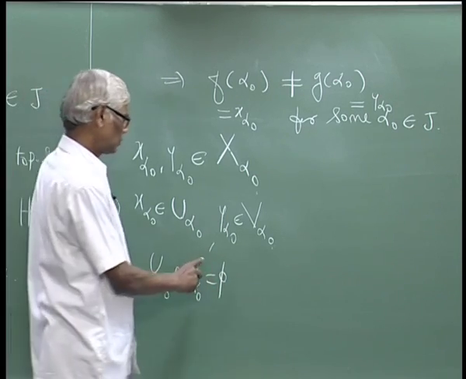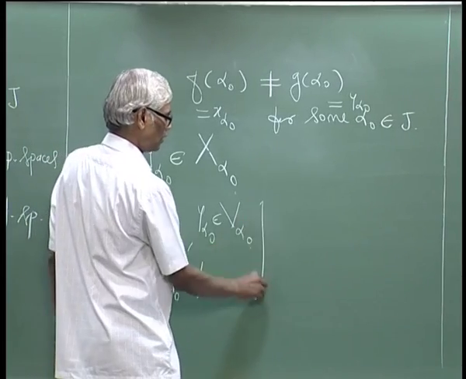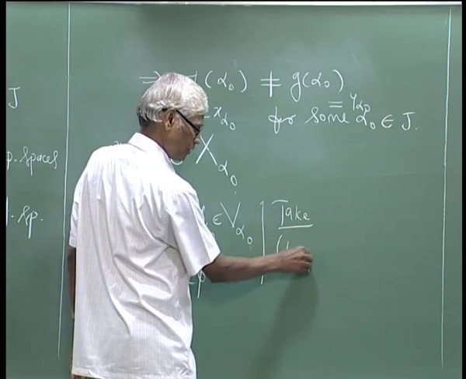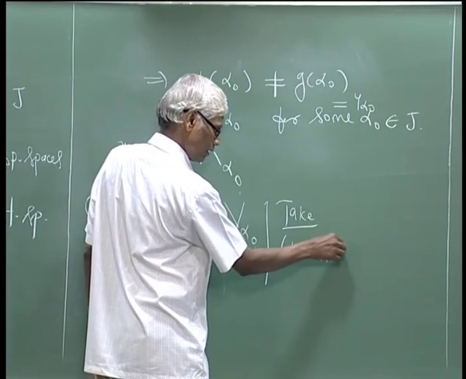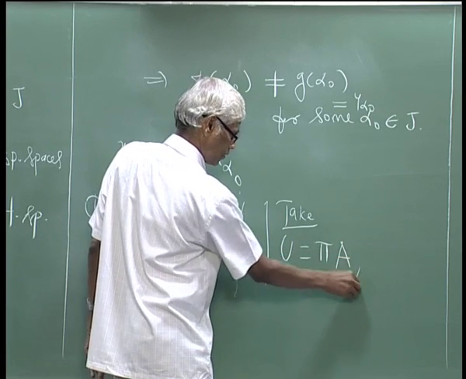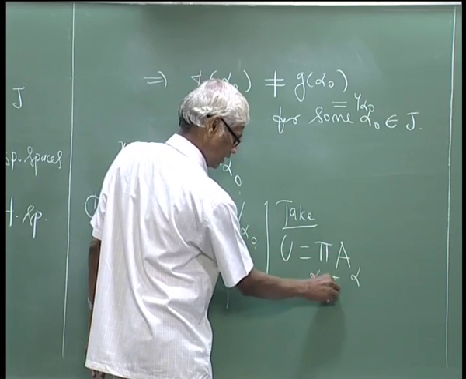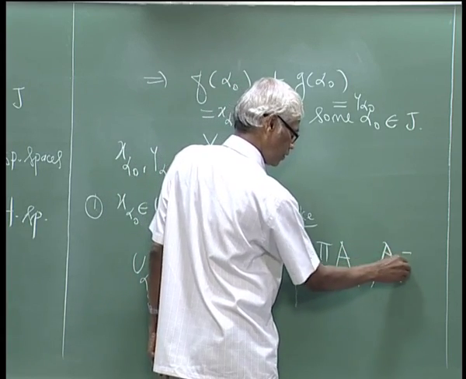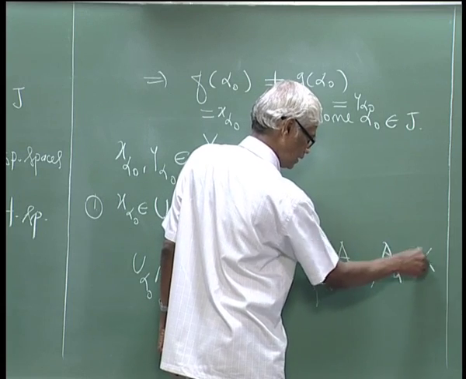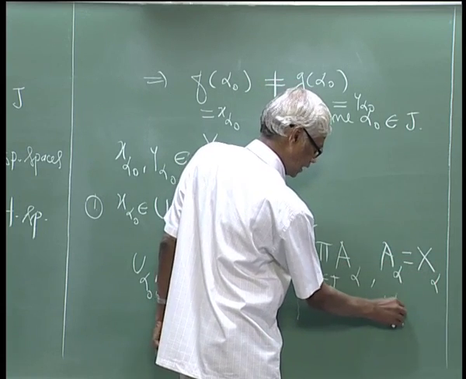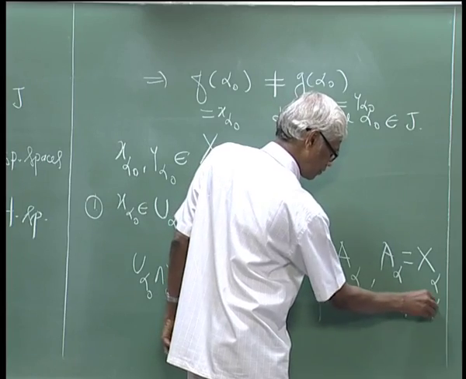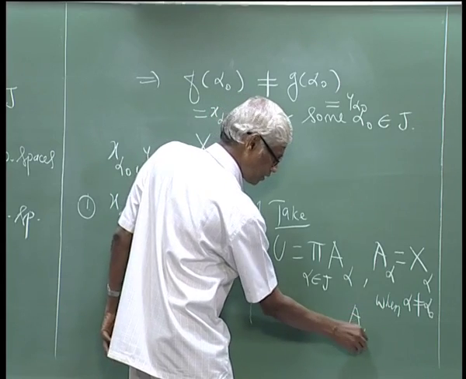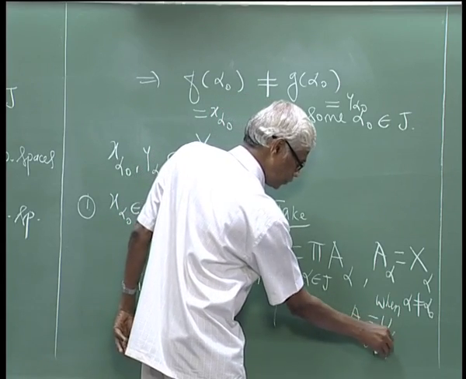Now take a new open set U, the product of A_alpha, alpha belongs to J, where A_alpha equals the whole space X_alpha when alpha is not equal to alpha_0, and A_alpha_0 is U_alpha_0.